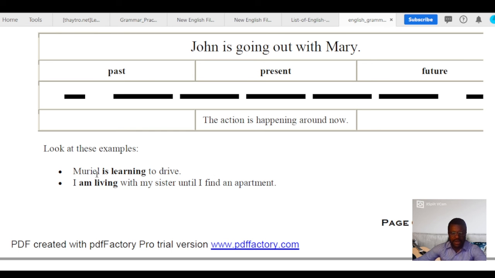But look at what they're trying to tell us here. Muriel is learning to drive means that this action is not necessarily going on as we speak, but it started sometime in the past and it's going to finish anytime in the near future. It might be something that I started last week, even last month.